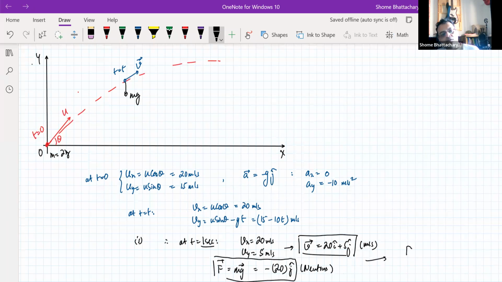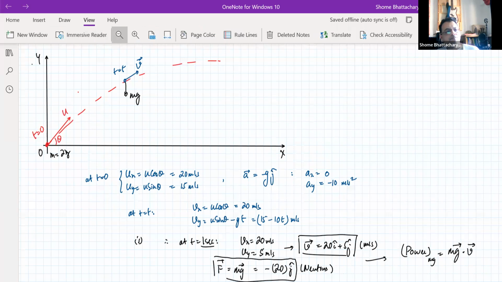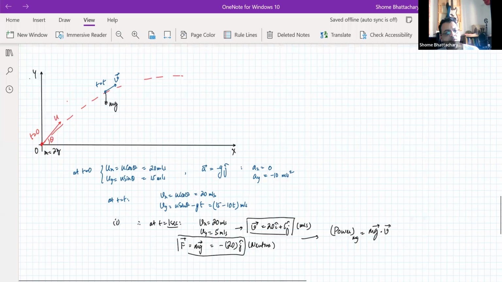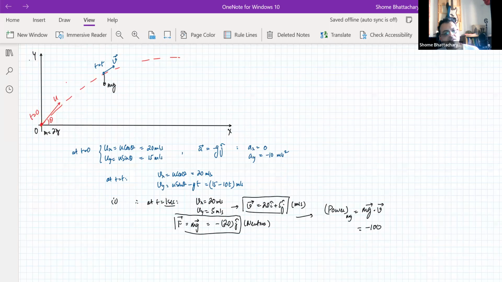So power delivered by gravitational force will be, gravitational force dot product with velocity. So at this instant, you can see it will become minus 100 watts.